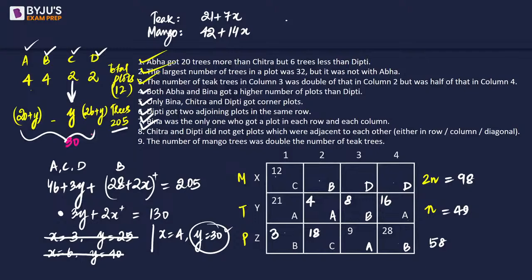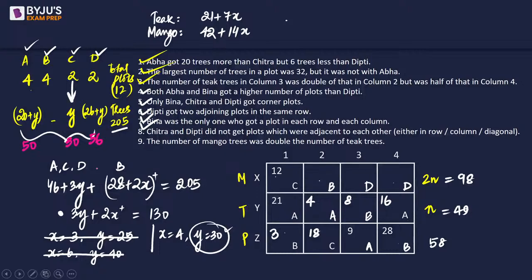So for this it is going to be 56 D, and for A it is going to be 20 plus 30, which is 50. If we add the values that we have at A, 21 plus 4 is 25, 25 plus 16 is 41, 41 plus 9 is 50. It makes sense, right? Now 50 plus 30 plus 56 is going to be 136.